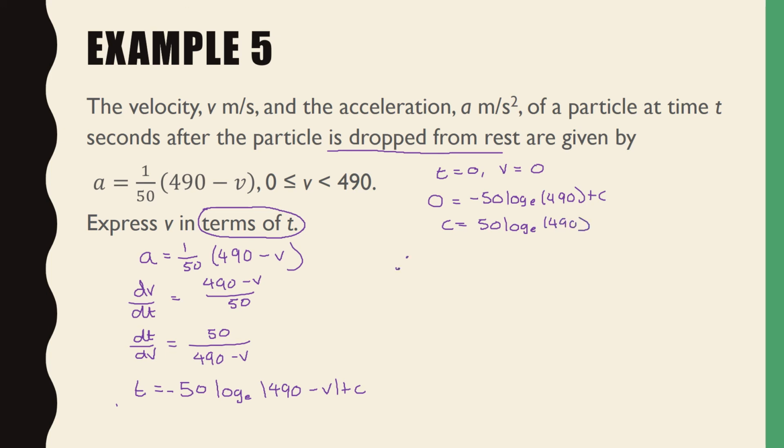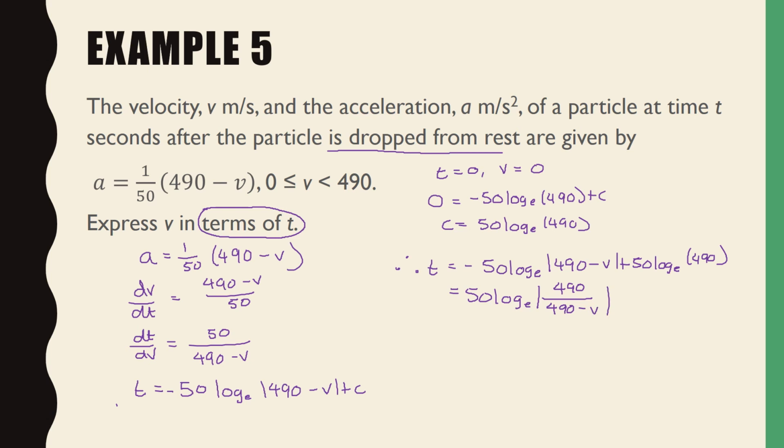So if we're putting all this together, t is going to be equal to negative 50 log e of 490 minus v plus 50 log e of 490. Now when we're adding these together, 50 is common, log e. Our positive term is log e of 490, so that will go in the numerator, and we're subtracting log e of 490 minus v. So it will be 490 over 490 minus v.